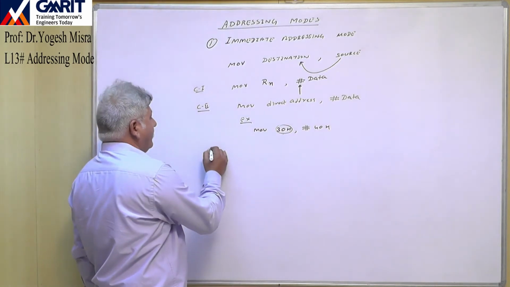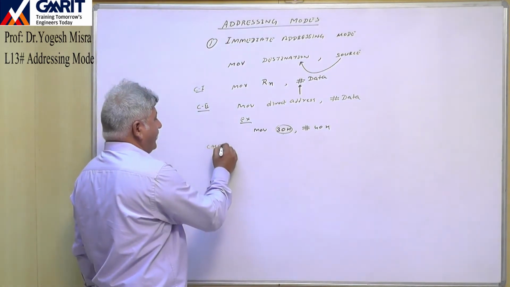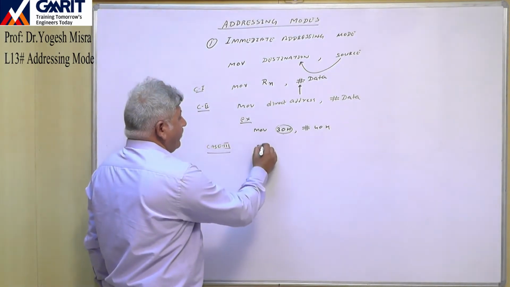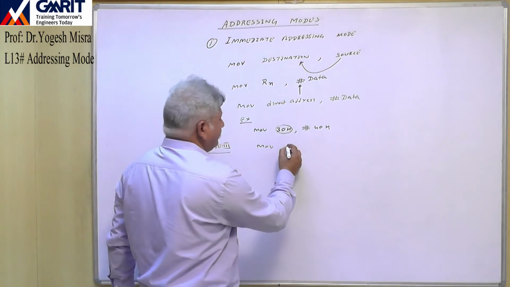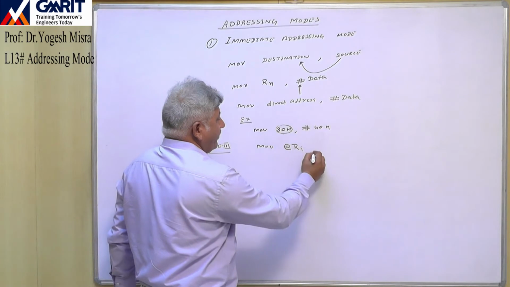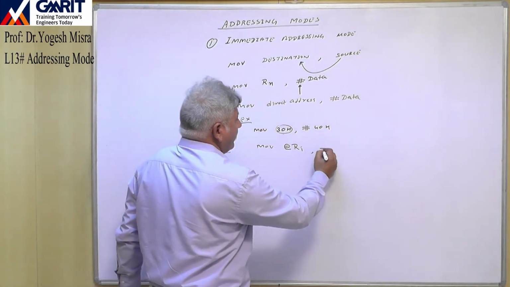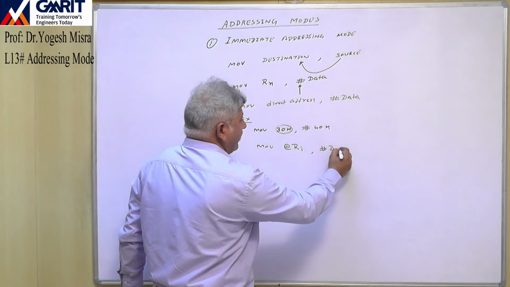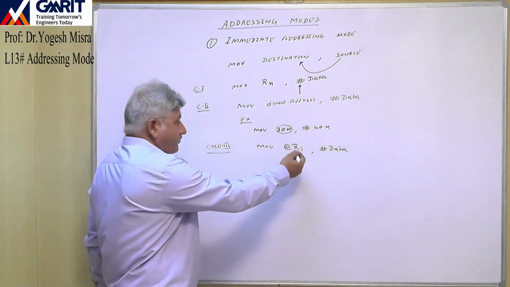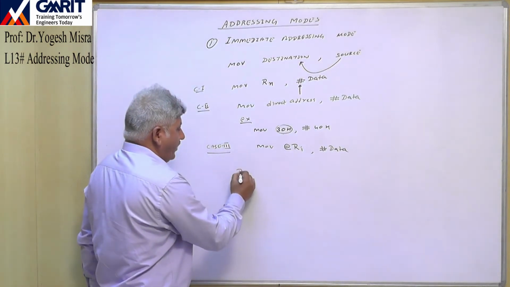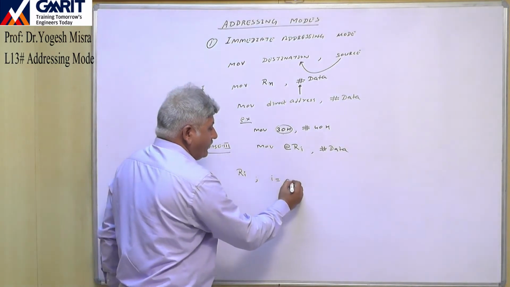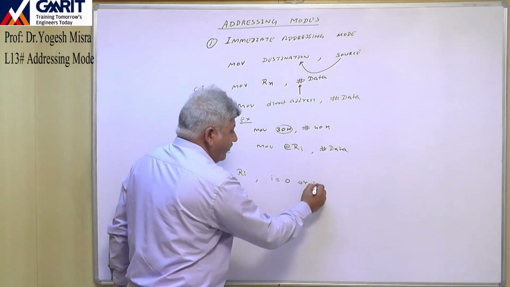Now case 3, move @Ri, comma, hash data. Now here in Ri, i is equal to 0 or 1.